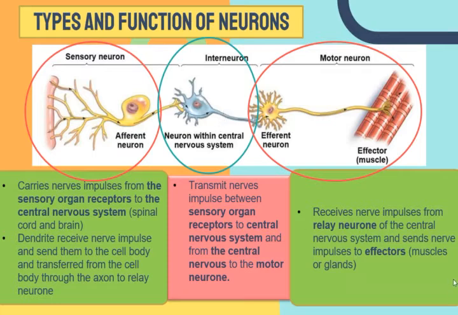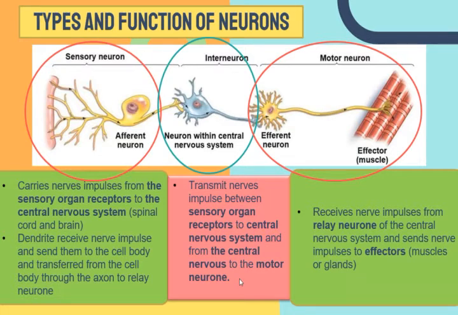The interneuron transmits nerve impulses from the sensory organ receptors to the central nervous system, and from the central nervous system to the motor neuron.